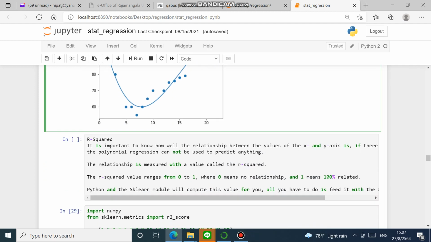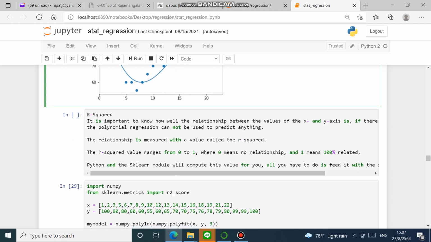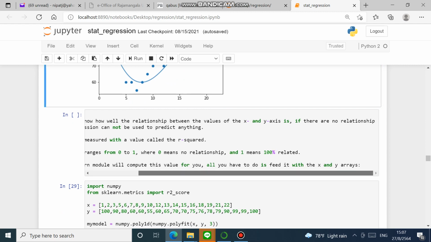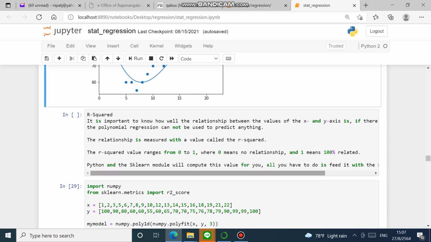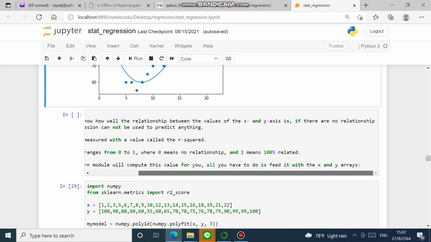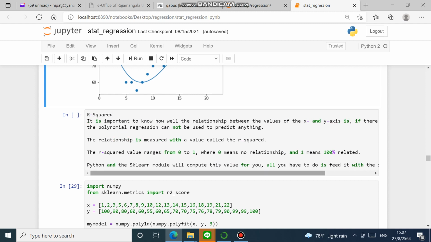It is important to know how well the relationship between the values of the x and y axes is. If there is no relationship, the same as with linear regression, polynomial regression cannot be used to predict anything.